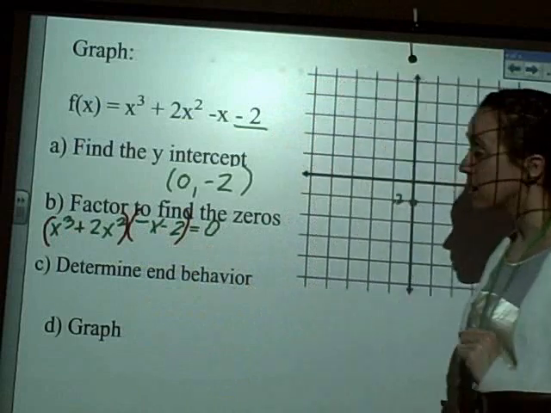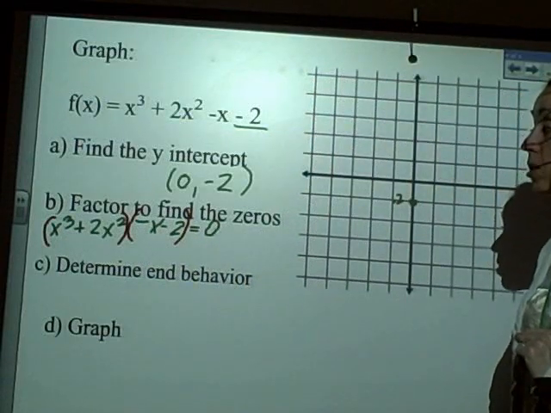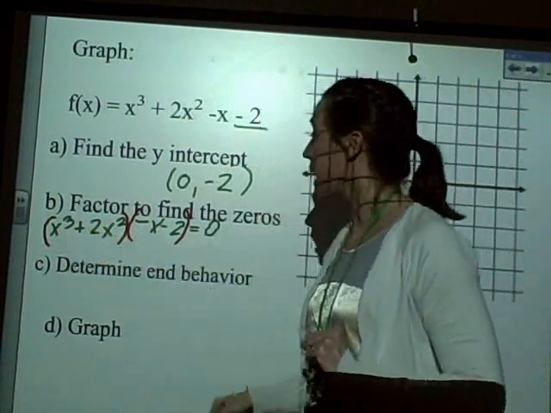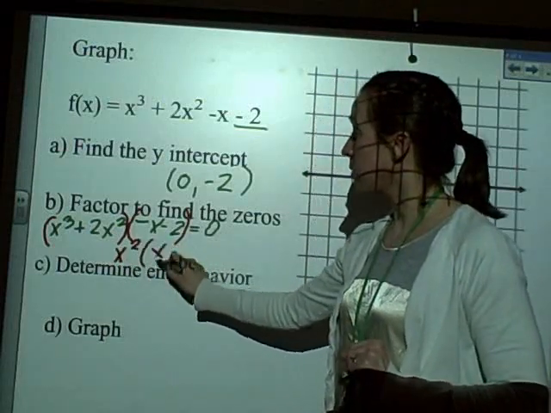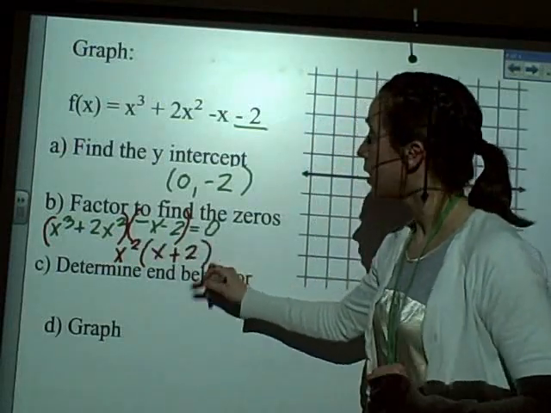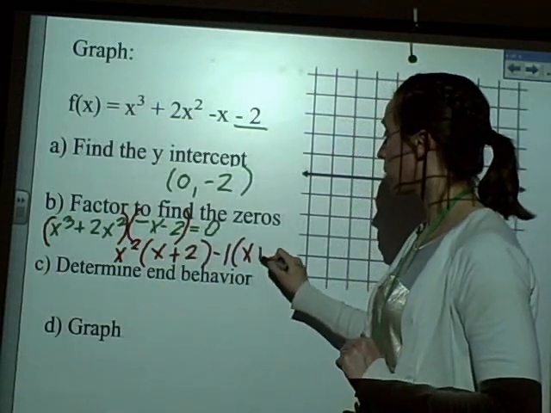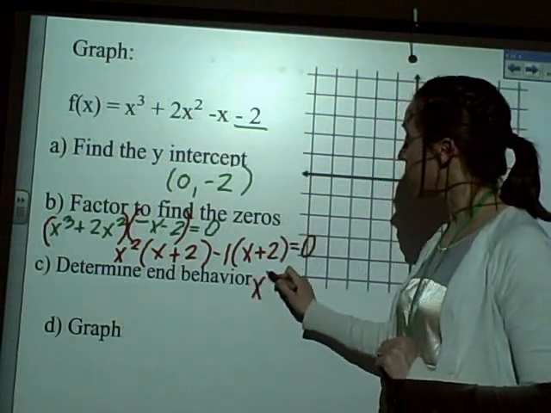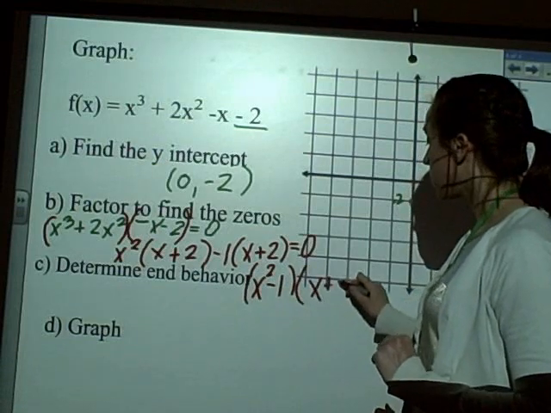I put parentheses around them, and I'm going to factor out what's in common with each set of parentheses. I have an x squared in common there, so that's going to get factored out, and what's left is x plus 2. And then here I'm going to factor out that -1, x plus 2. Combine my terms, x squared minus 1, x plus 2.